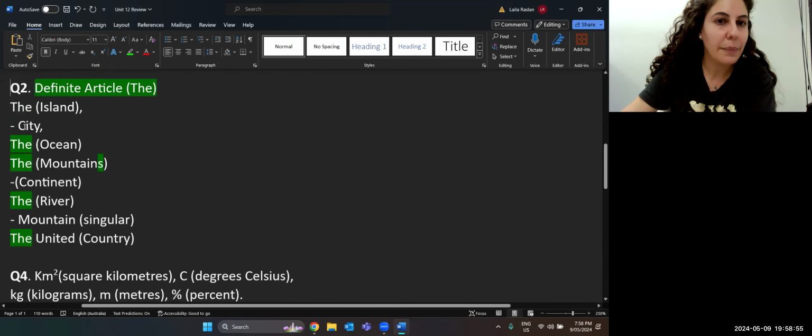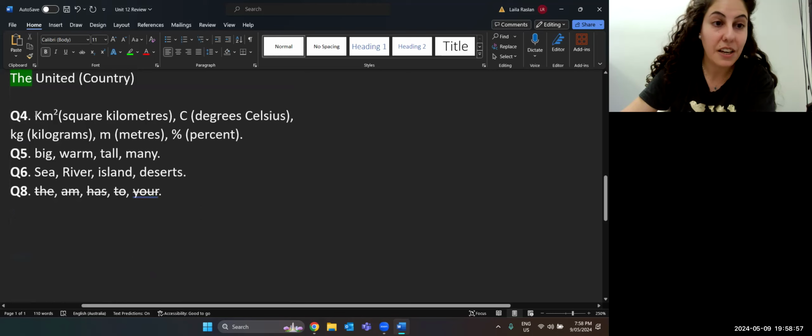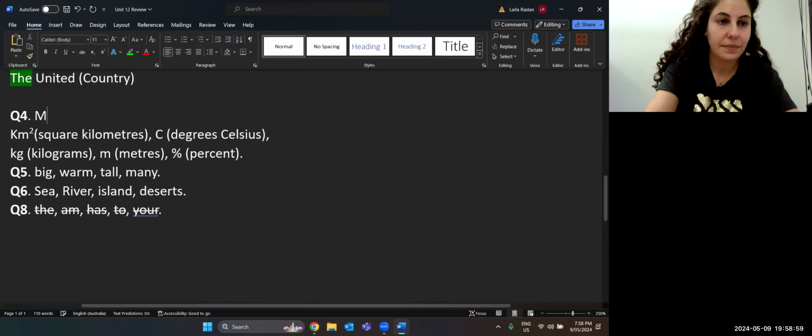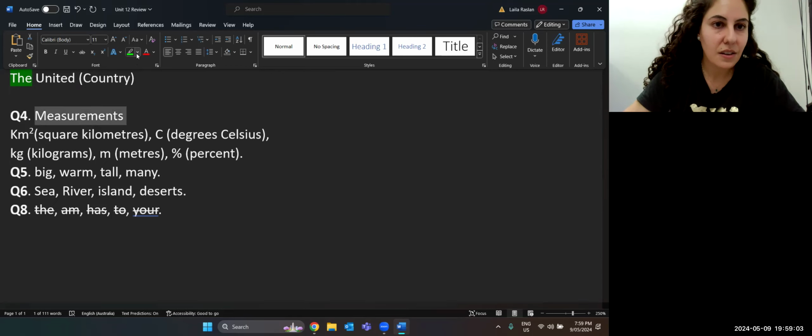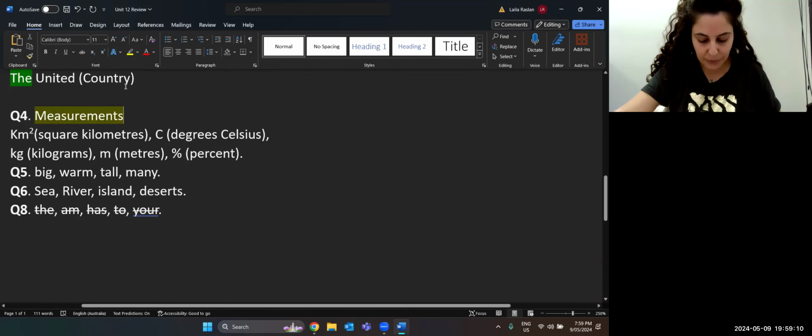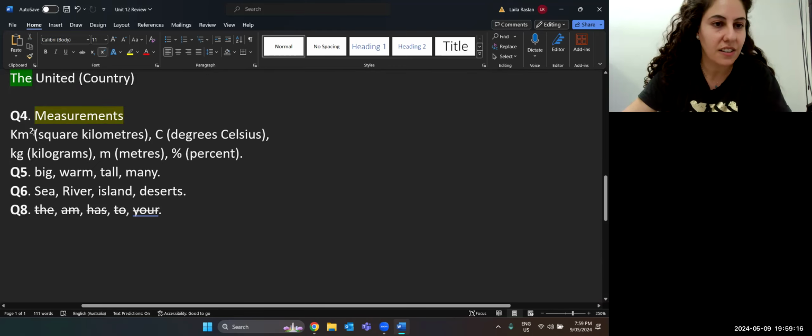Okay, so if you remember, we have some measurements that we were looking at. Some measurements were really important to look at. For example, we're going to read, but just before we read, let's talk about some of these measurements, these units.